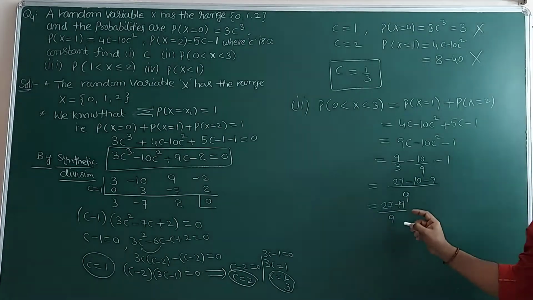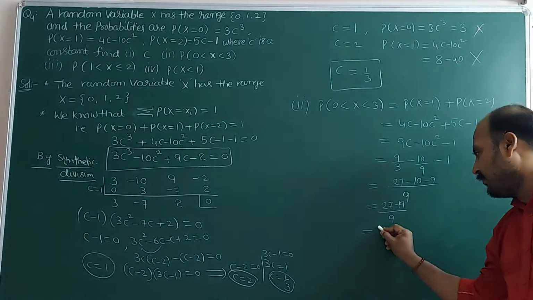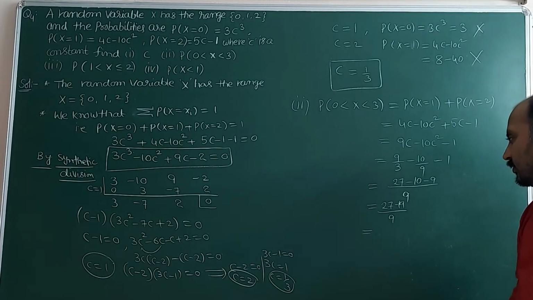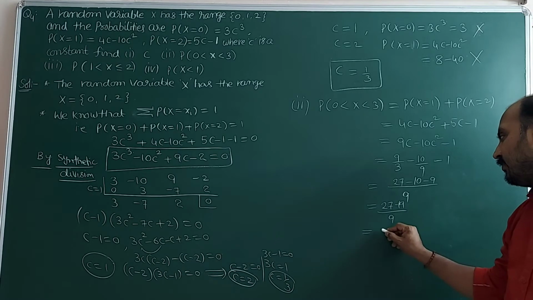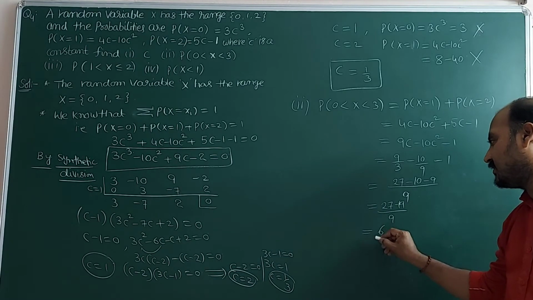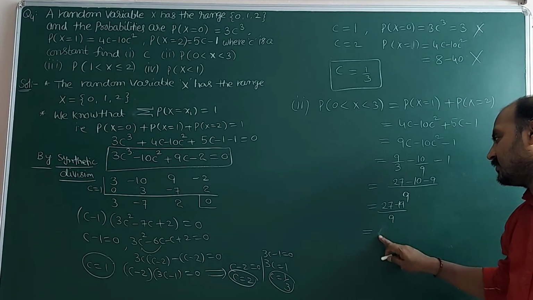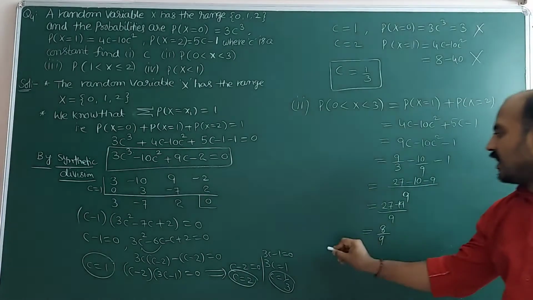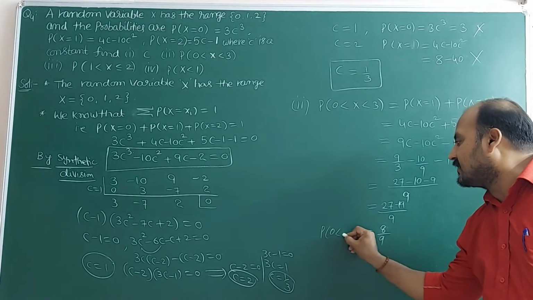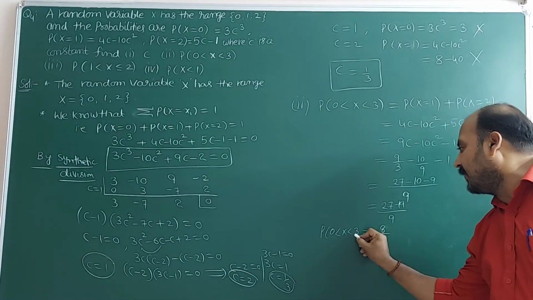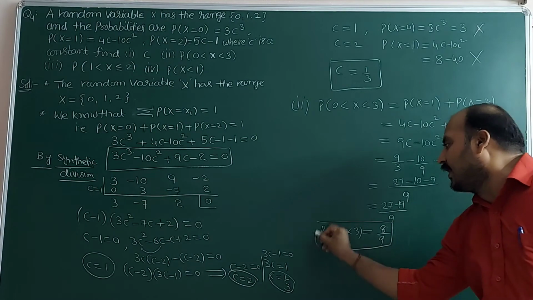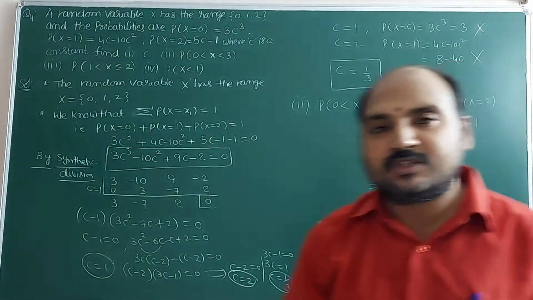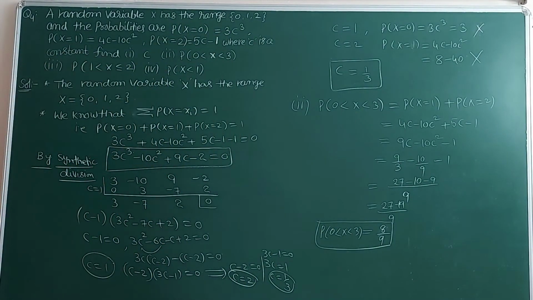So 27 minus 19 is 8, not 12. 8 by 9, exactly. So therefore the value of P of 0 is less than x is less than 3 is equal to 8 by 9. So similarly we will do the rest of the questions also.